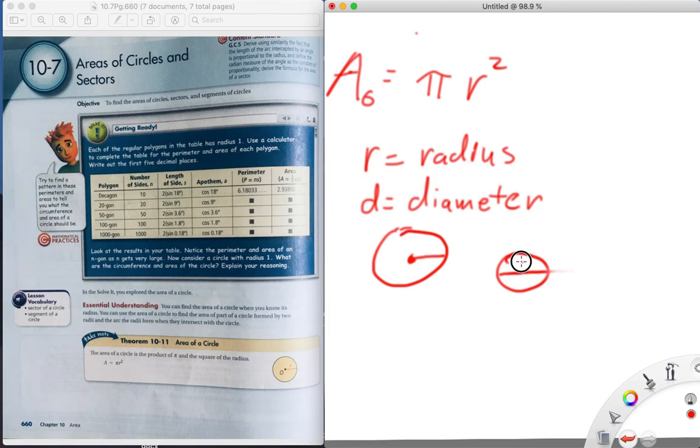So this would be your diameter. This would be your radius. Always remember that the radius is always half of your diameter. It's going to be helpful in this section.